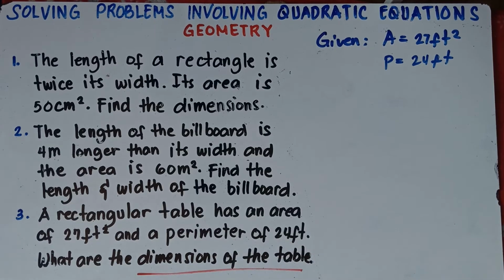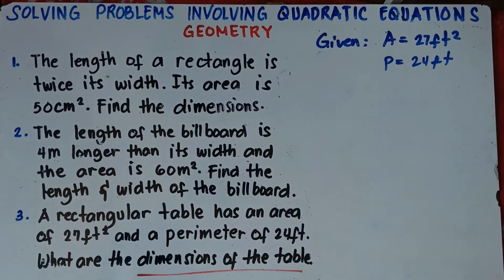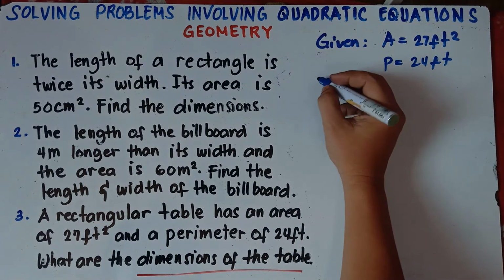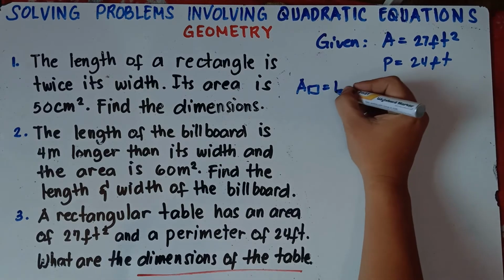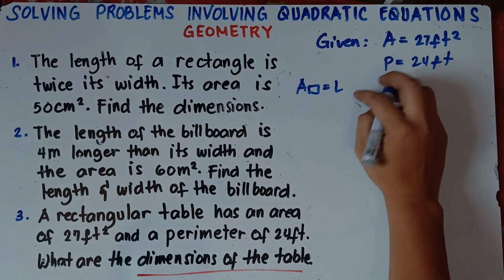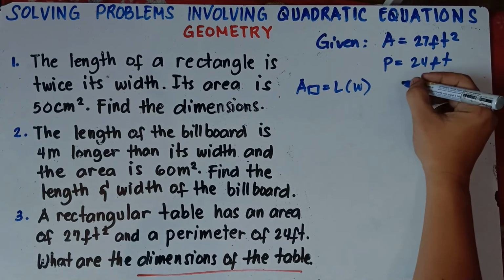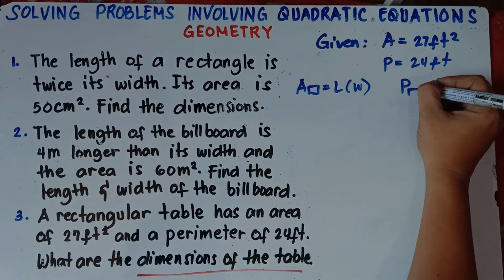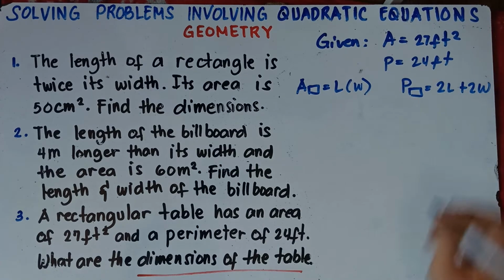Once again, let me write the equation for the area. The formula of the area of a rectangle would be length times width, right? And for the perimeter of a rectangle, that would be 2L plus 2W.